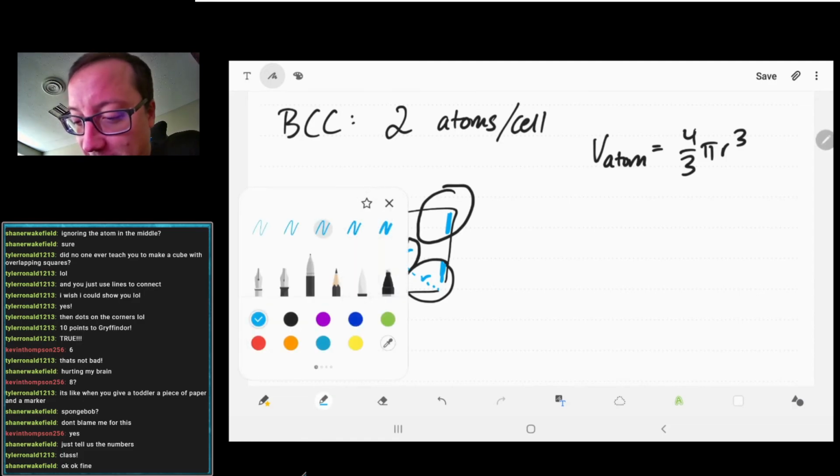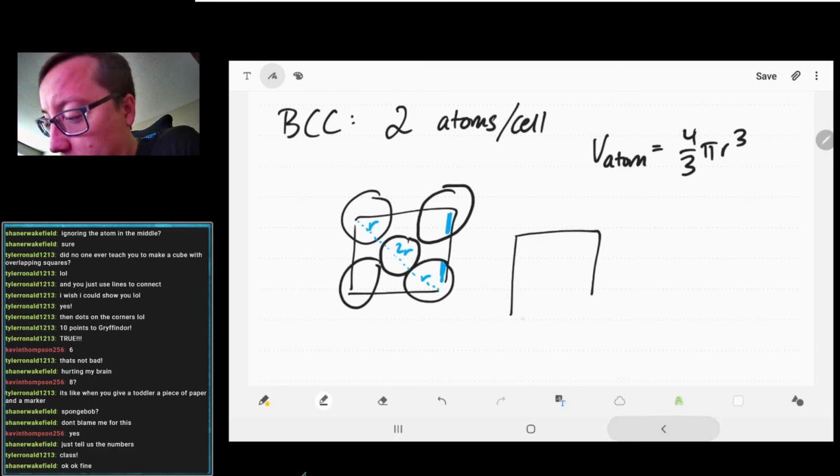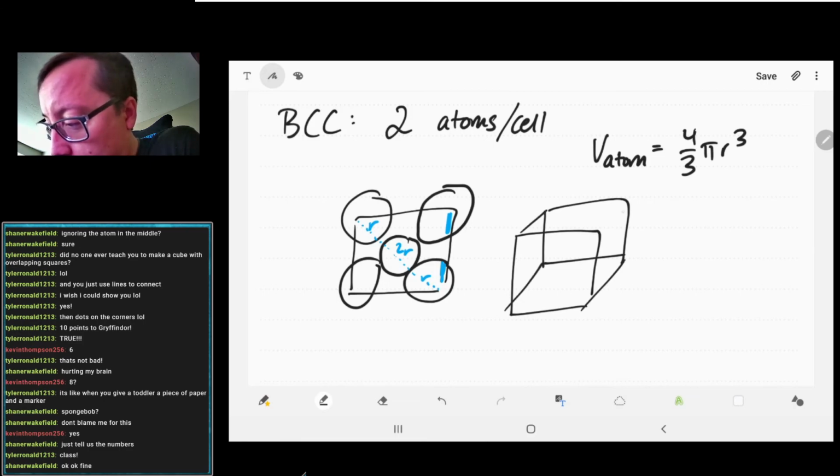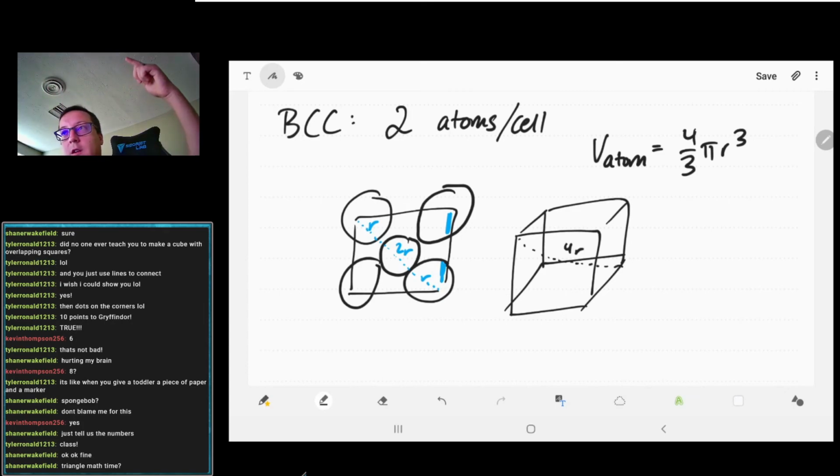I've drawn it in two dimensions, not in a good way. So, sorry, we're going to have to go to 3D for a sec here. It's actually this diagonal that is 4R, from one corner to the other corner.